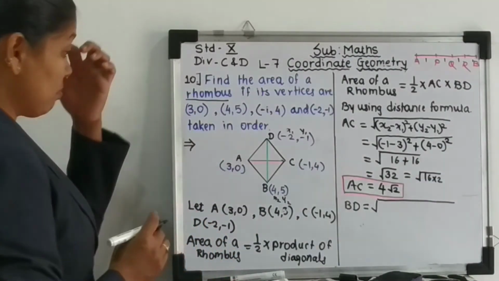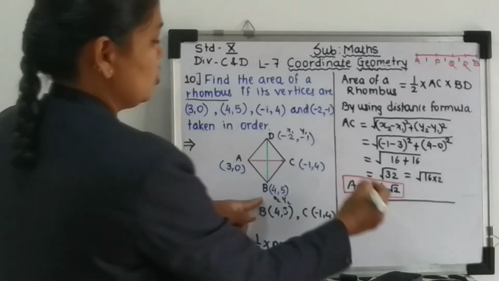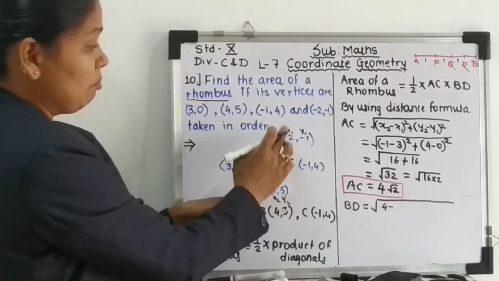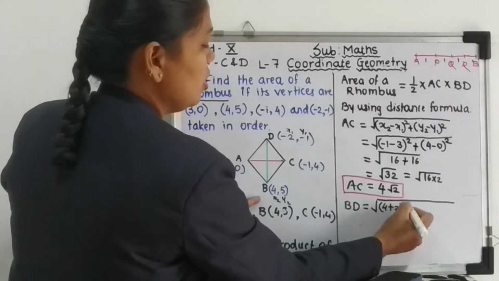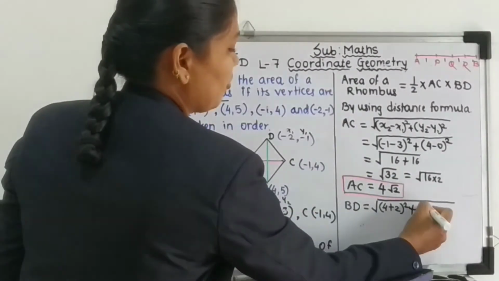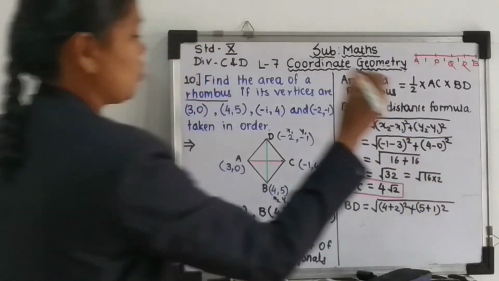So we will not make a mistake while taking it. x2 minus x1: 4 minus, be careful, minus 2 is there and already a minus sign, so we will write plus 2 bracket square, plus y2 minus y1, so 5 minus plus 1 bracket square.